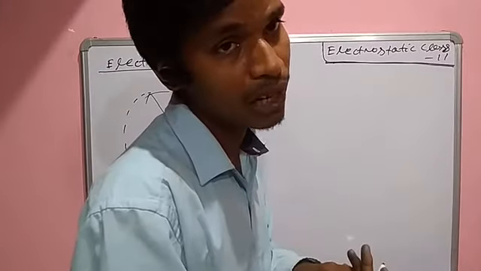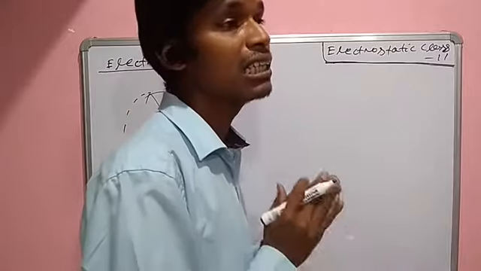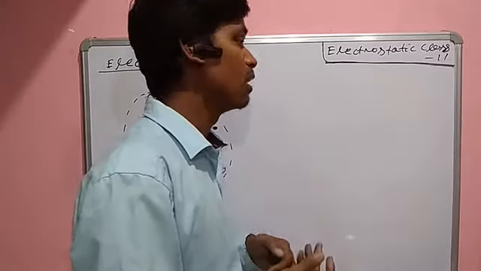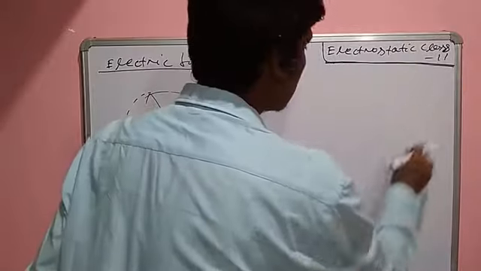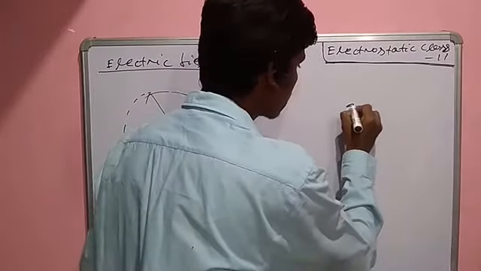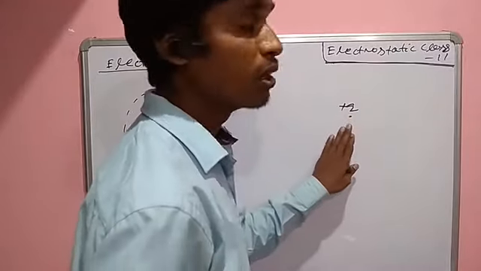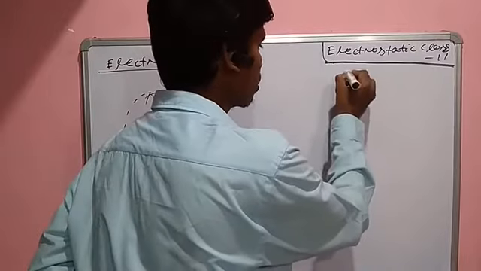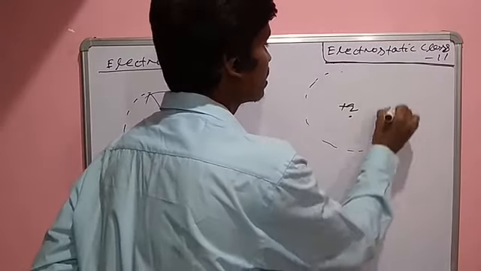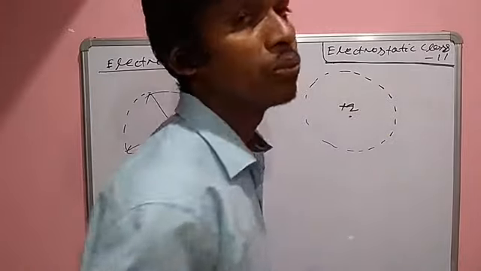After using the candle, the lighting area. That means the same area is modified. Similarly, this area has no field. After placing some charge q, suppose this is the positive charge, due to this charge some area is modified. That means this area is the electric field area.